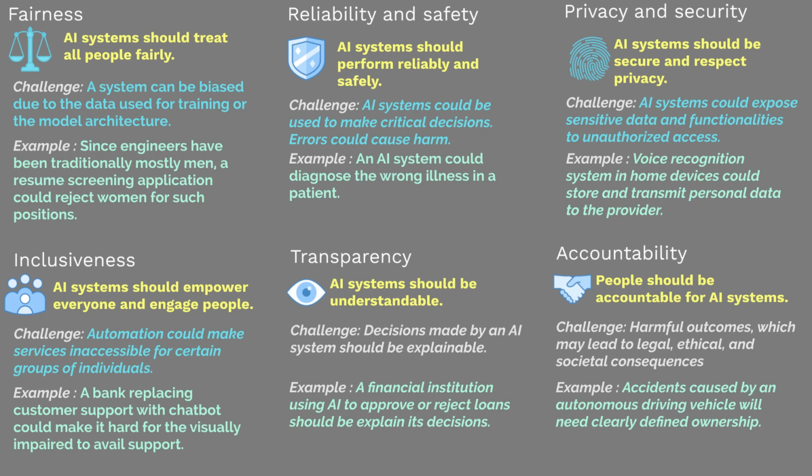AI system. Inclusiveness is important because the fact that you're building an AI system should not hinder someone's access to the service. For example, if you are replacing your bank's support center with an AI bot completely, that might cause problems for people with visual impairment or other kinds of disabilities.